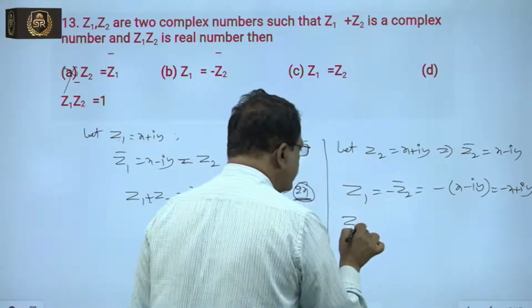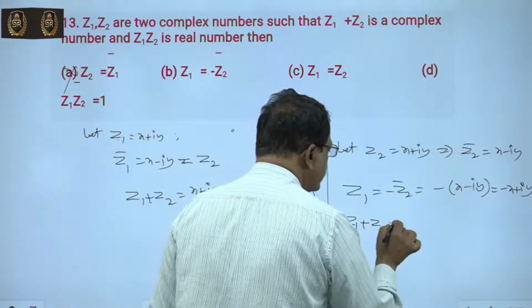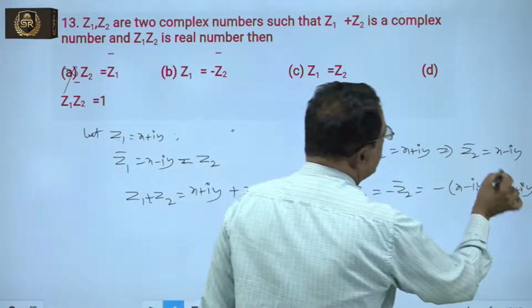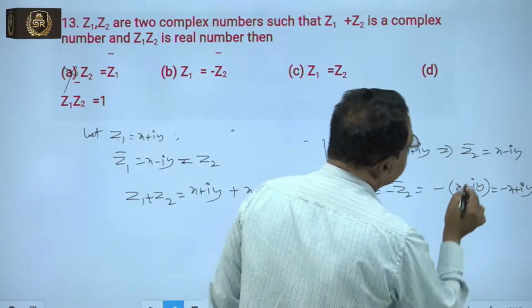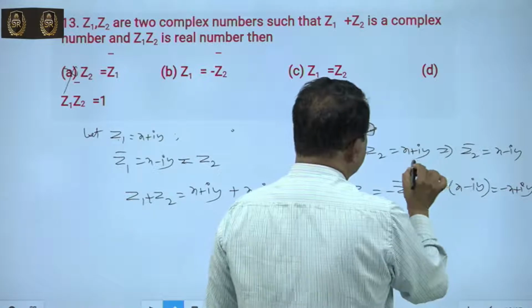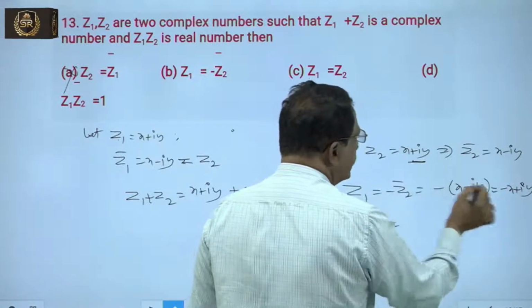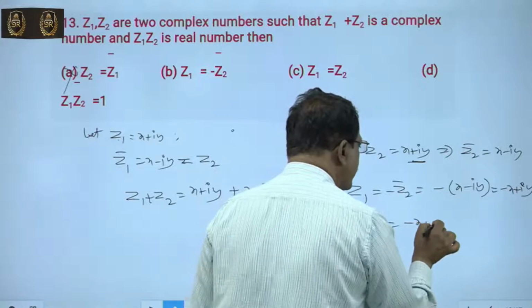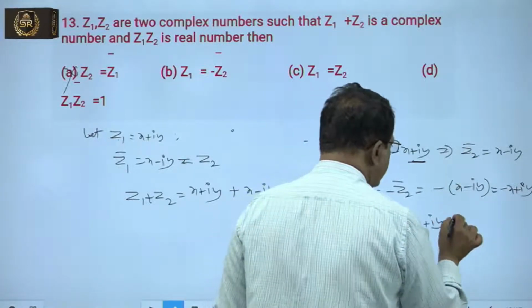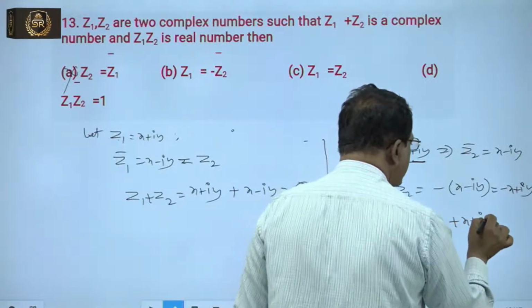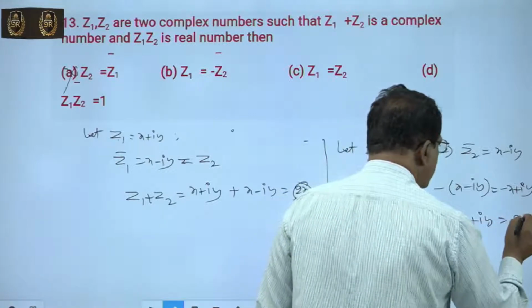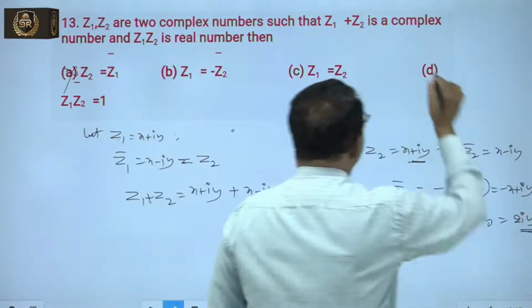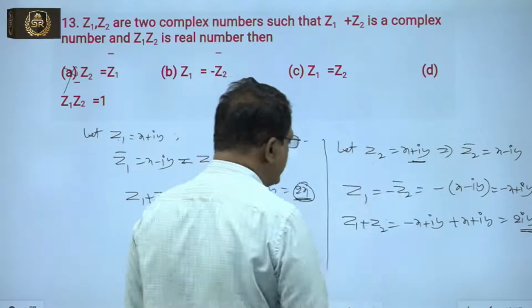Now Z1 plus Z2, how much is that? Adding these two, Z2 equals x plus iy, Z1 equals minus x plus iy. Minus x plus iy plus x plus iy equals 2iy. Now it is a complex number, Z1 plus Z2 is a complex number.